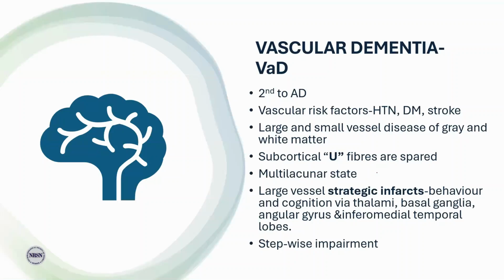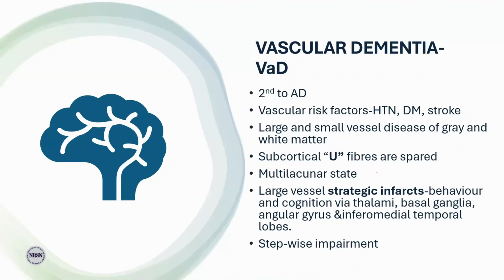Vascular dementia is second to Alzheimer's disease, and vascular risk factors such as hypertension, diabetes mellitus, and stroke also qualify a patient to have vascular dementia on the background of reduced cognition. So large and small vessel disease of the gray and white matter, and essentially subcortical U fibers are spared.